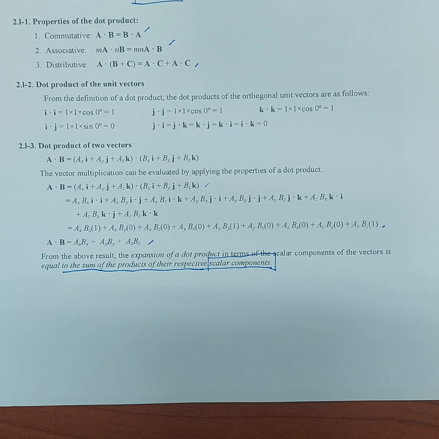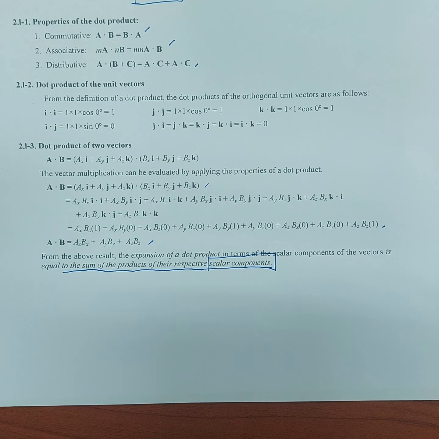That is the importance of the application of the dot product. It is used to determine the component of a certain force relative to a certain axis or reference axis in space.